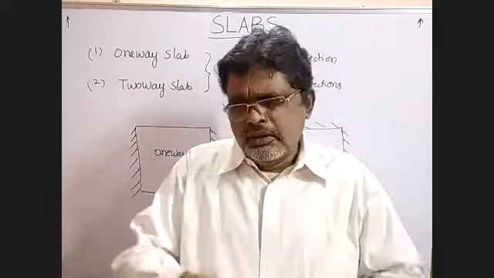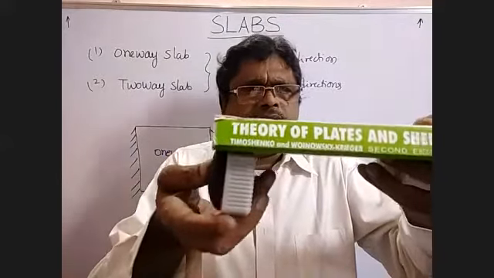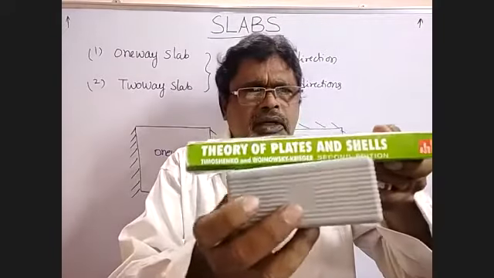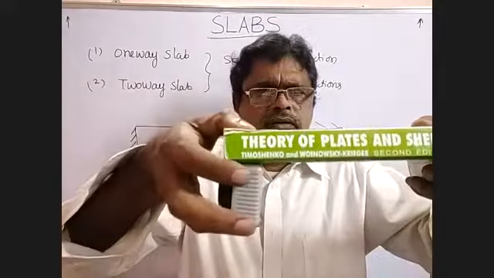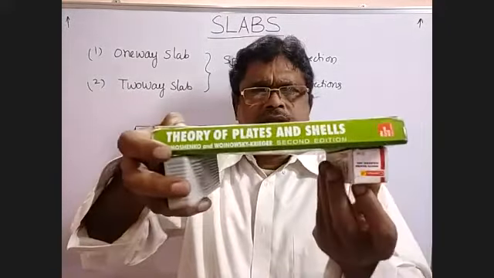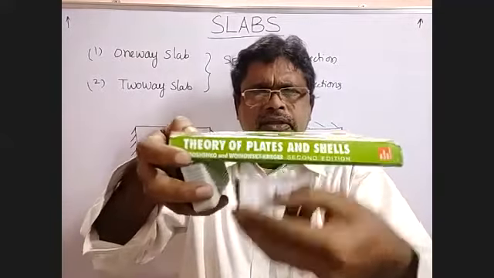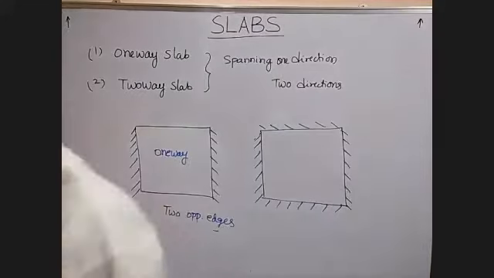Okay, suppose if the 4 edges, ఇలాగే ఇదొకటి, ఇలా ఒకటి, ఇలా ఒకటి, 4 edges సపోర్ట్ అయ్యుంది, ఇప్పుడు డిఫరెన్స్. ఇక్కడ నేను చేయి పెట్టుకున్న చోట ఒక ఎడ్జ్ ఉంది, అలాగే ఇటొక ఎడ్జ్, ఓకే, అలాగే ఇటు ఎడ్జ్, 4 edges సపోర్ట్ అయ్యి ఉన్నప్పుడు దాన్ని one-way slab అనాలా, two-way slab అనాలా.